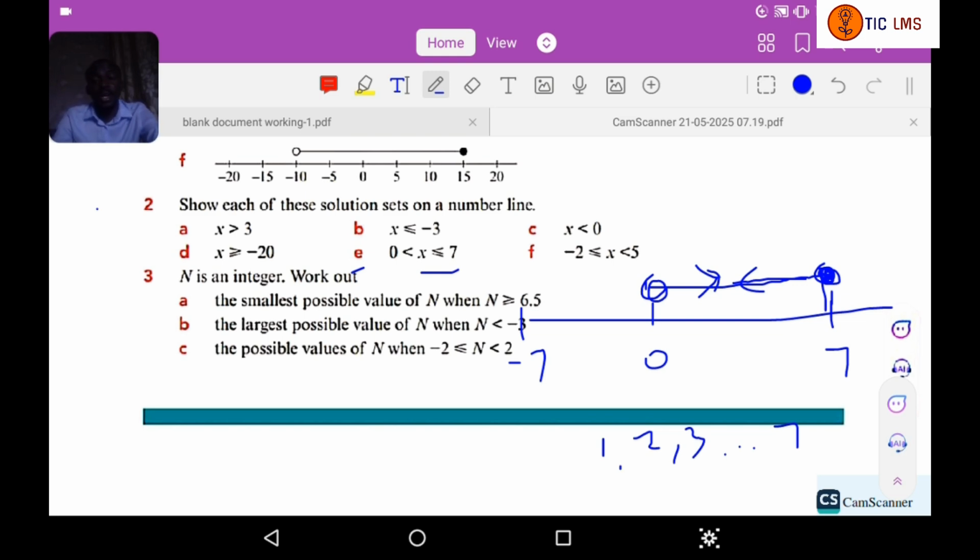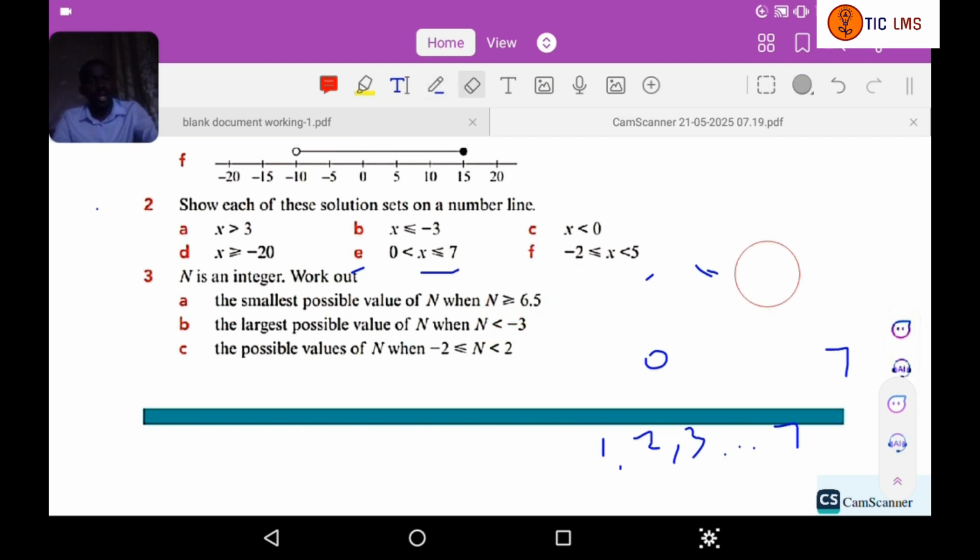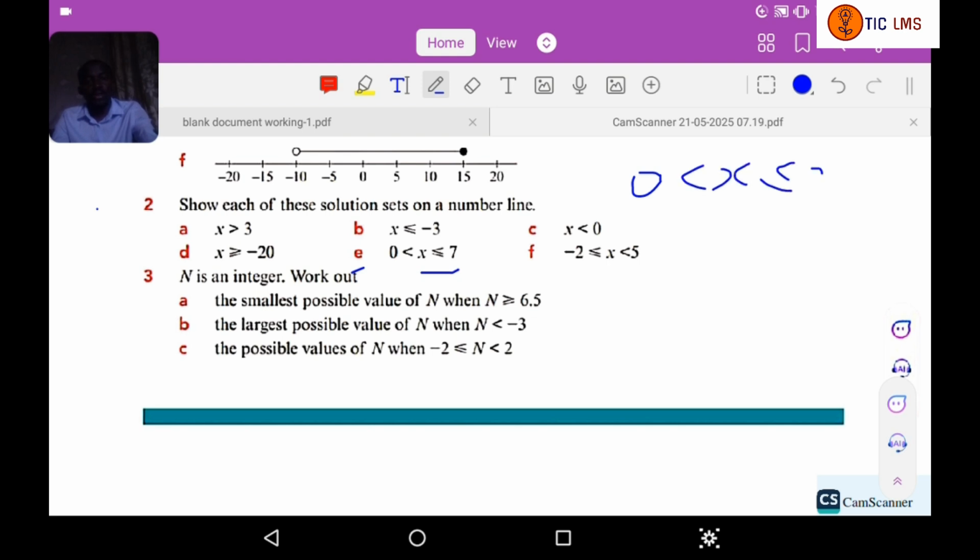Another way you can look at this question is that sometimes you could decide to split this inequality, 0 less than x, less than or equal to 7. So you can split it first like this and have 0 is less than x, that is x is greater than 0.